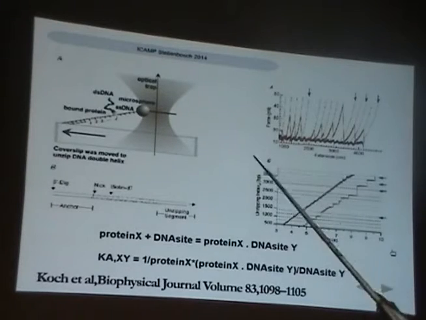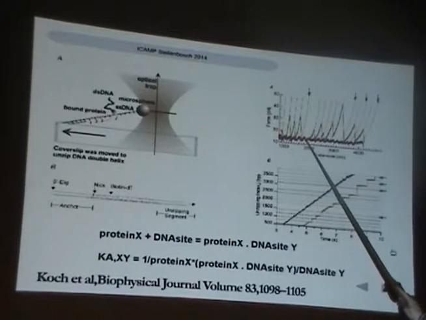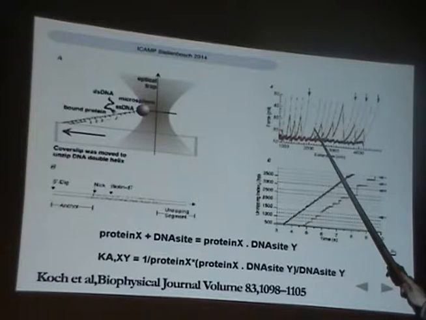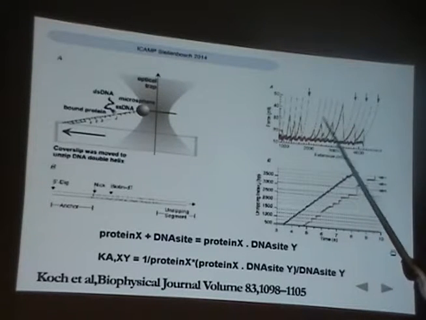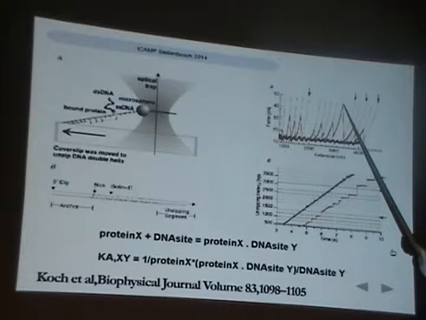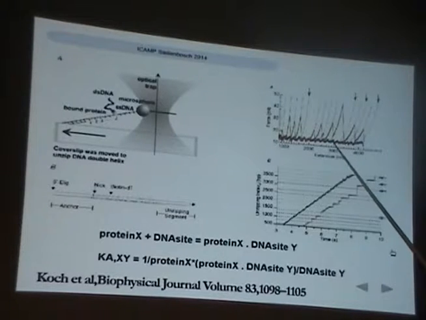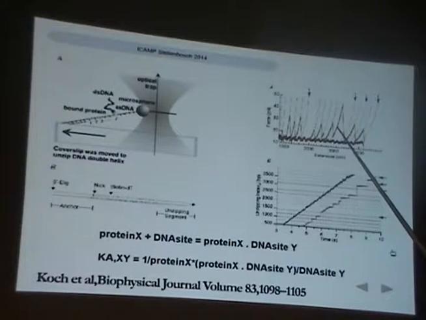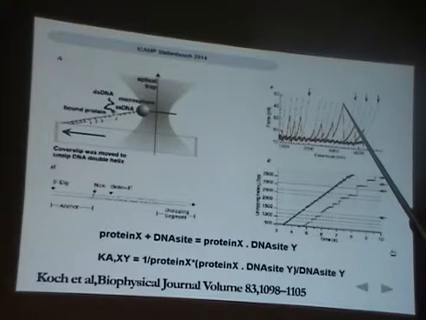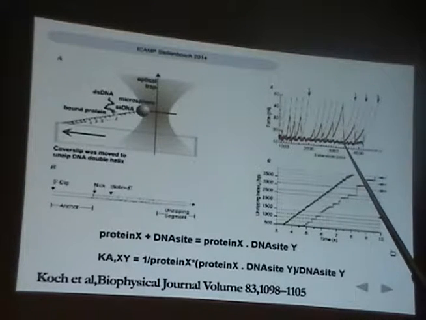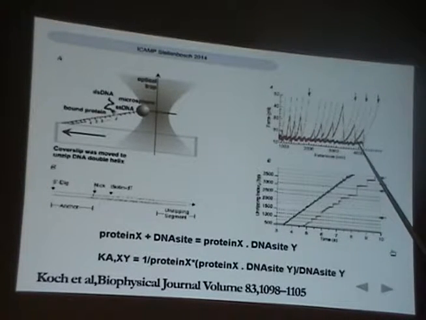So here on the red curve you see that each time a protein is bound, you have to increase the force up. Here it was up to 25 piconewton, here it's up to 40, 45 piconewton. Then you increase the force, you cannot open the bases. Here you detach the protein and then you relax the force. And then you go to the next protein and so on and so on.